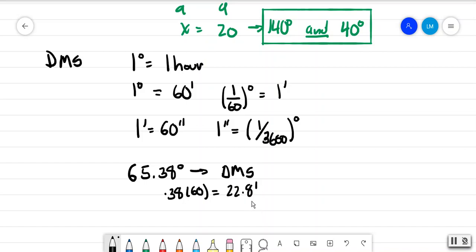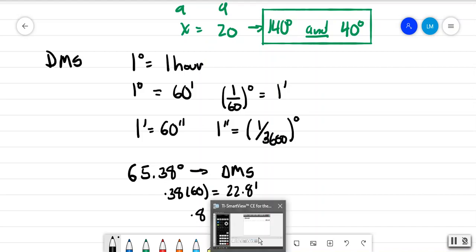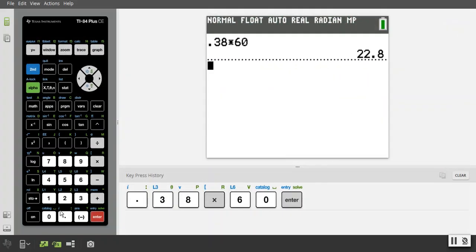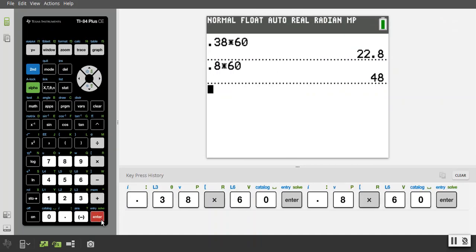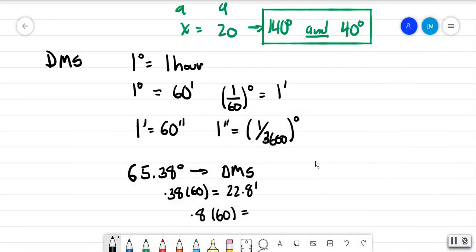But with this little extra portion, I then have to multiply the 0.8 by 60 as well. That gives me what it is in seconds. So I take 0.8 and multiply it by 60 also, and I get 48 seconds.